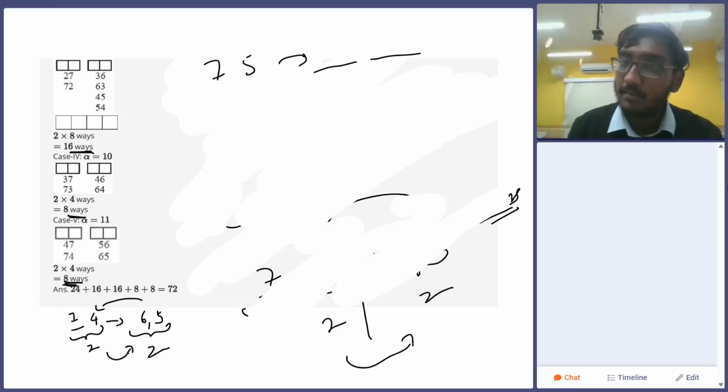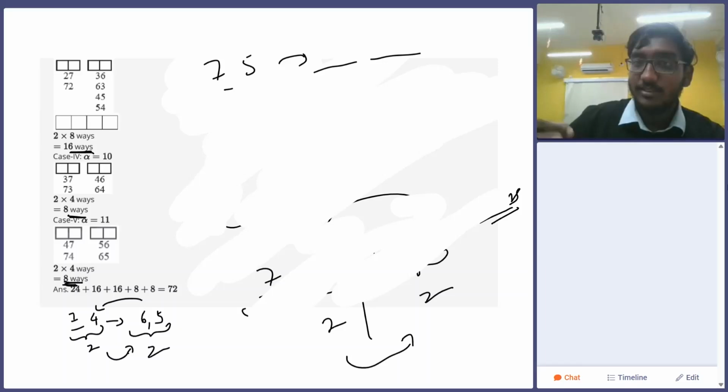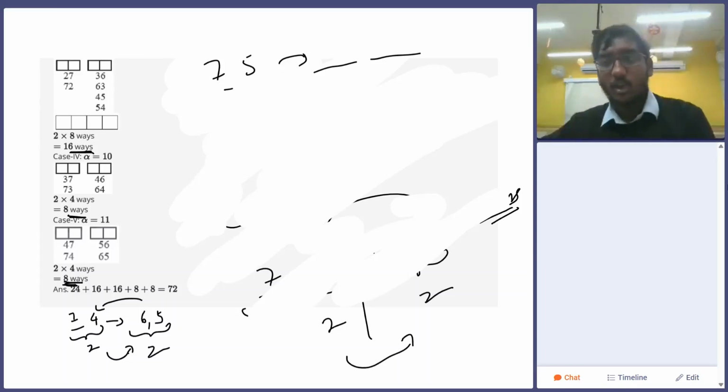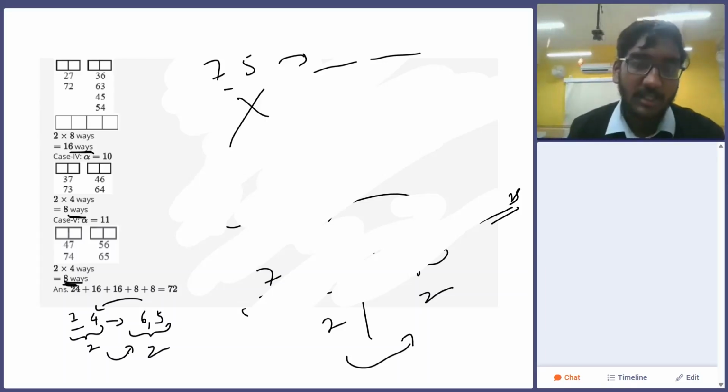And what about 5, 7? 7 is repeating, not possible. And again 4, 8 is exceeding 7. All these will be ruled out. It will not be there at all for higher numbers. 7, 6 also will not exist. No combination.